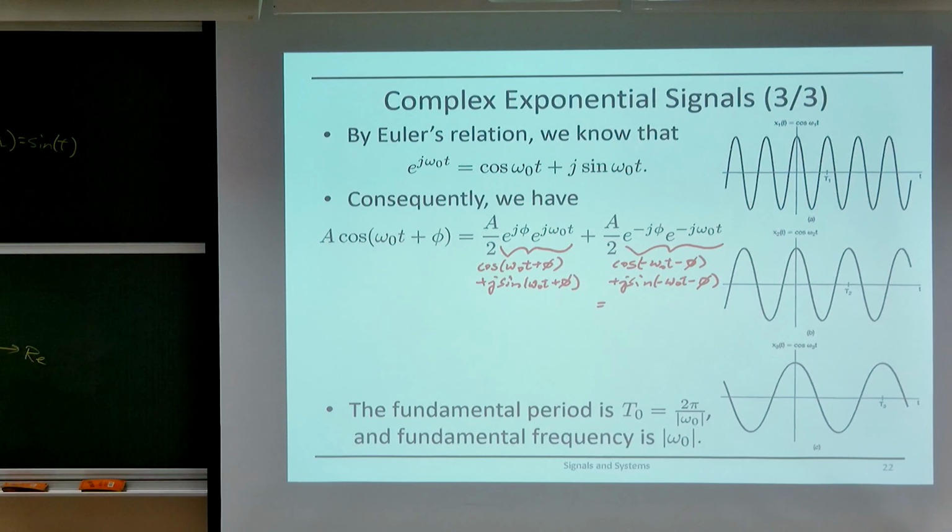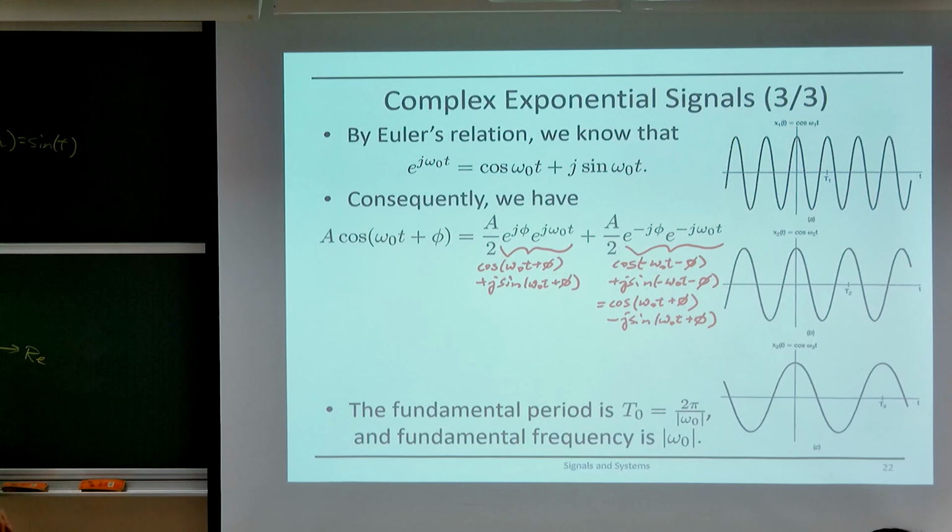Now we know that cosine is an even function, so if I bring the negative outside, nothing changes. And sine is an odd function, so sine of minus this thing inside is equal to minus sine of omega naught t plus phi.